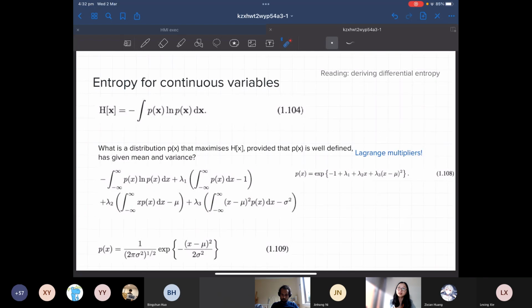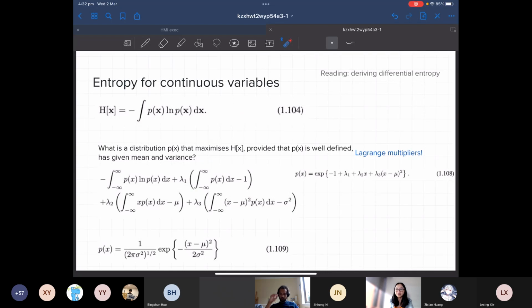Another observation worth mentioning, which we won't go into here, is for a continuous distribution that is proper and has a given mean and variance, what is the distribution that maximizes the entropy, called differential entropy, for the continuous distribution?